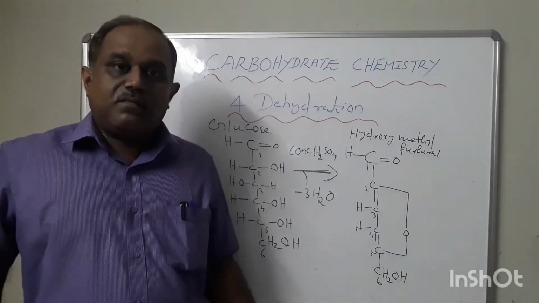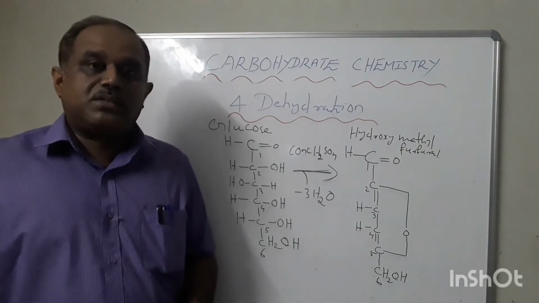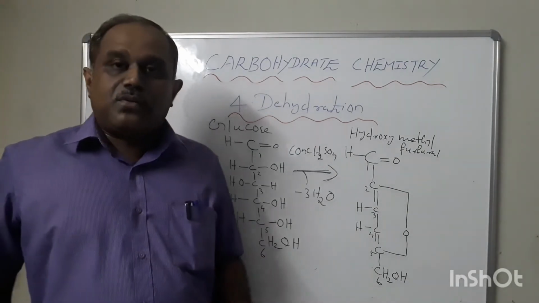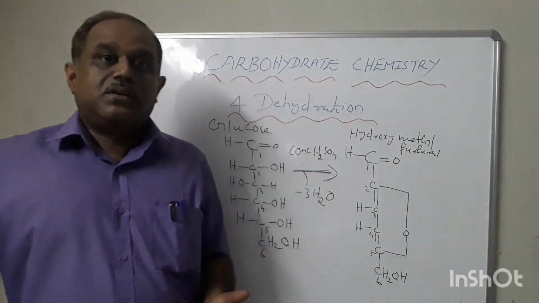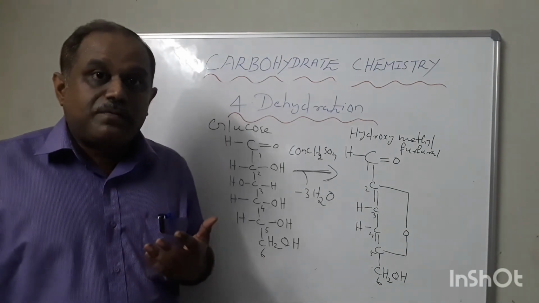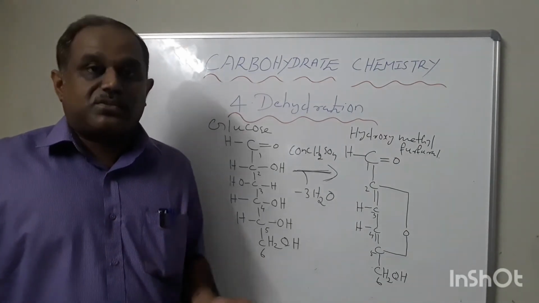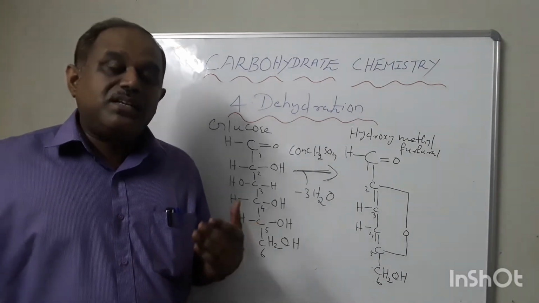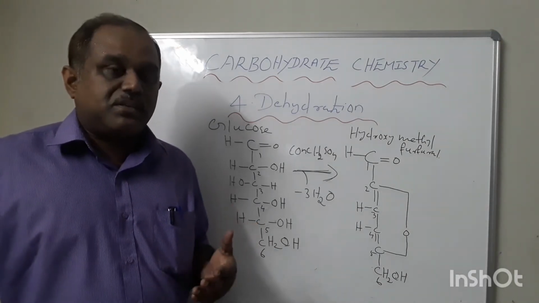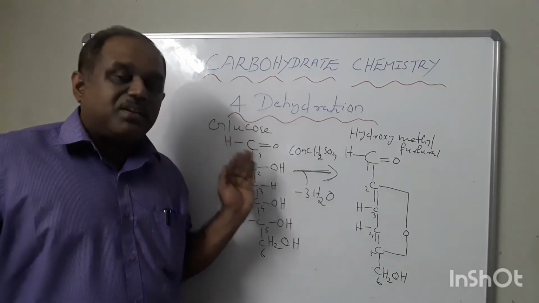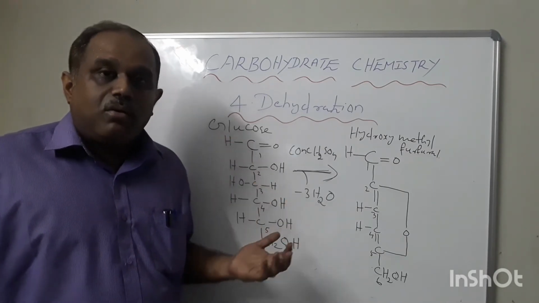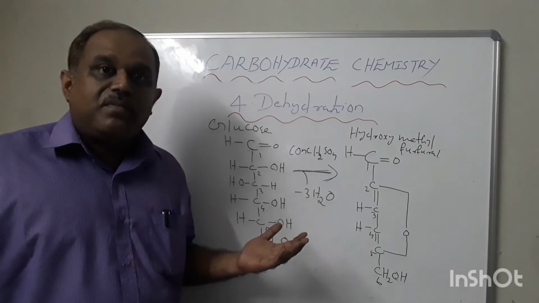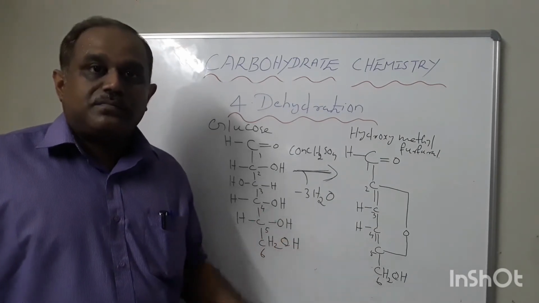This will combine with the phenolic compounds, for example alpha naphthol, to form colored compounds. This is the basic principle for a test called Molisch test. I will be explaining the Molisch test principle later in detail in practical aspects. So you should remember that carbohydrates undergo dehydration to form furfural.